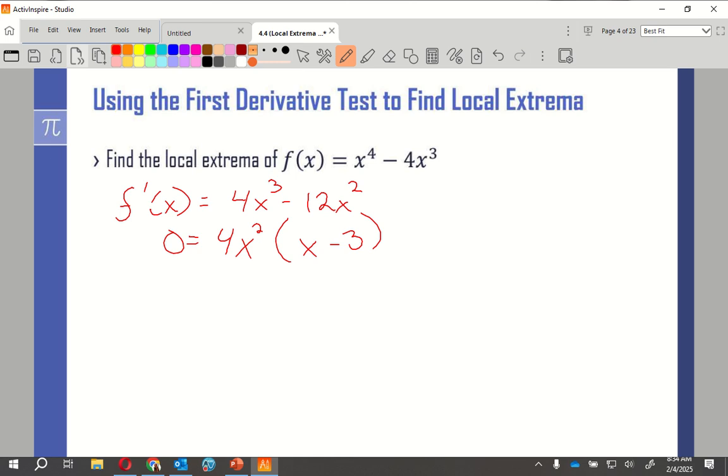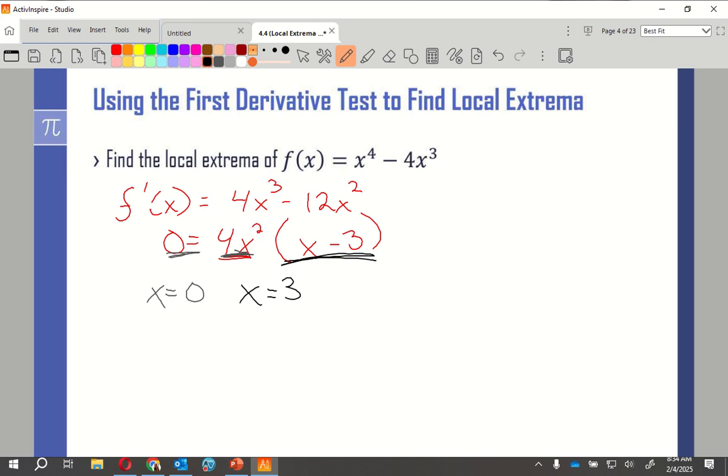So this right here is going to help me out. So x equals 0, right? And for this part right here, x equals positive 3. So now I have two critical numbers.